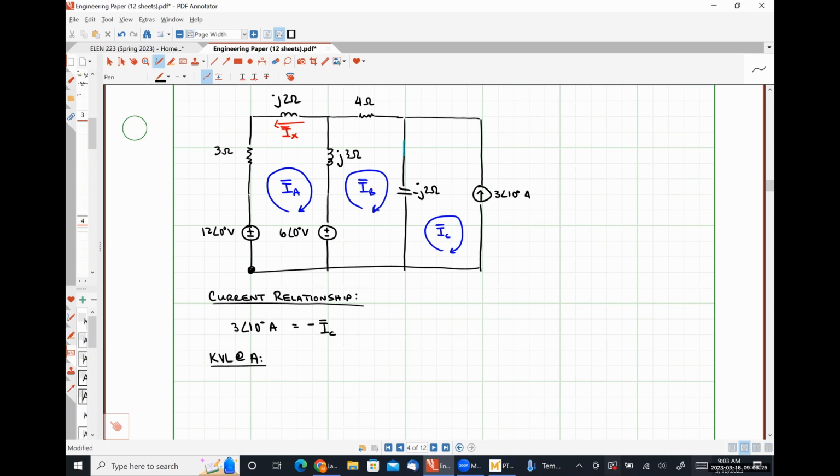So I'm starting at the bottom left-hand corner and I'm just following IA around its clockwise path, okay? So what's the first thing I see as I travel clockwise around that leftmost mesh? I see the 12-volt source. That's the first thing I see, right? Since I see the negative polarity terminal first, I'm going to have negative 12 angle 0 volts.